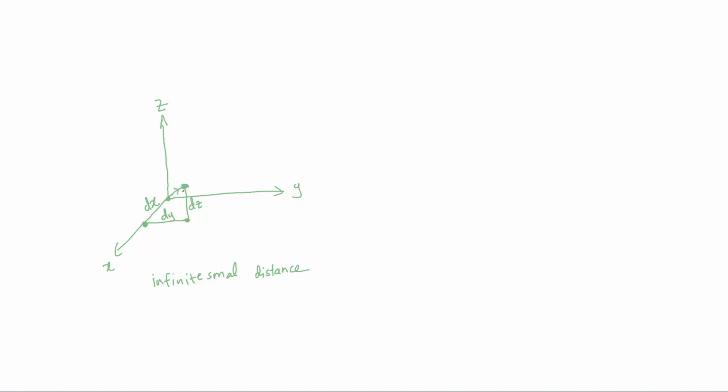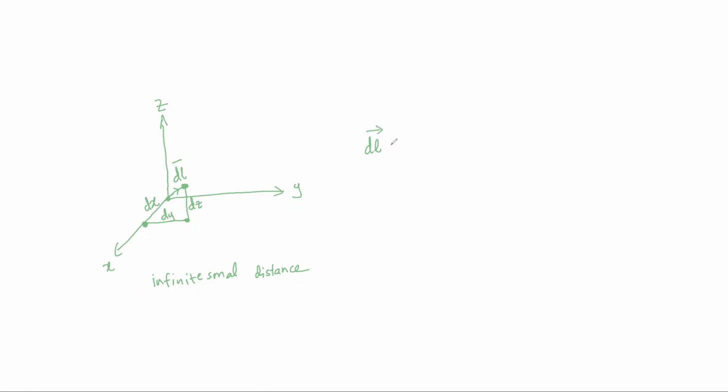So this vector from the origin to the destination point is known as the line element. Okay, so dl is the notation we use to denote the line element vector.